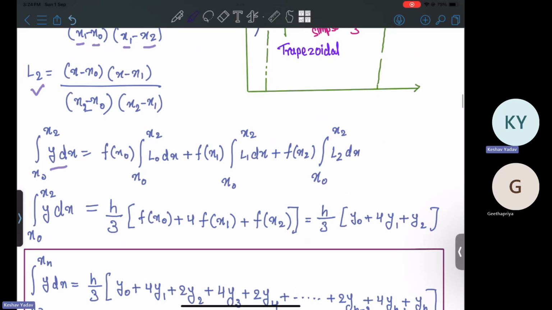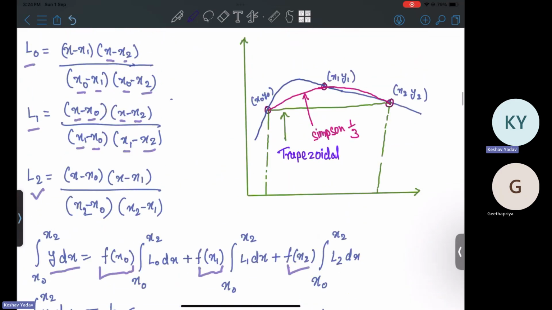Now, if we wish to find the integral of y dx, limits from x0 to x2, that will be equal to this. These are constants, they will come outside, and we have the integral of L0 dx, integral of L1 dx, and L2 dx. Suppose this blue color is the actual function. We have only 3 points known here: x0, y0, x1, y1, x2, y2.